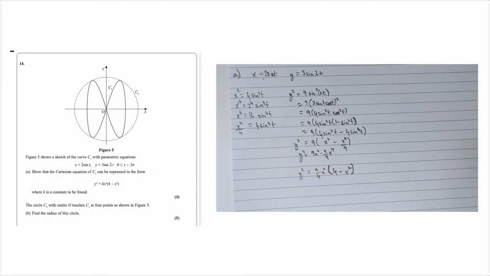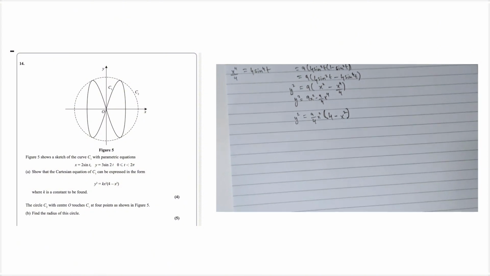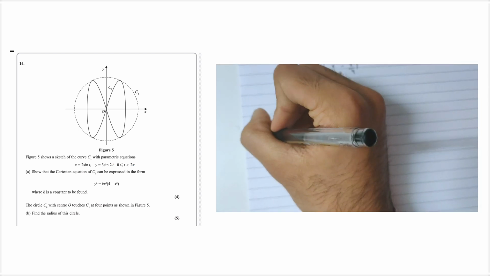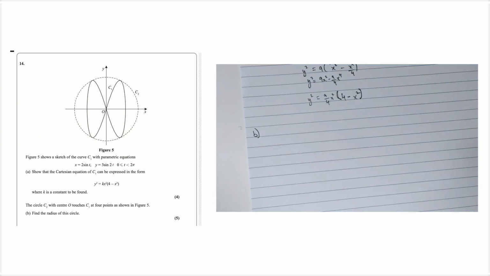Now part B is much harder. That's the harder part of this question. But yeah, let's begin. Part B says there's a circle C2 that touches C1 at 4 distinct points as shown in figure 5, and you want to find the radius of this circle so that it touches only the 4 points at the outer edges.